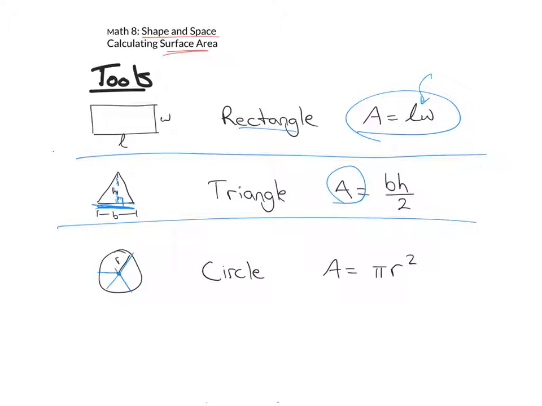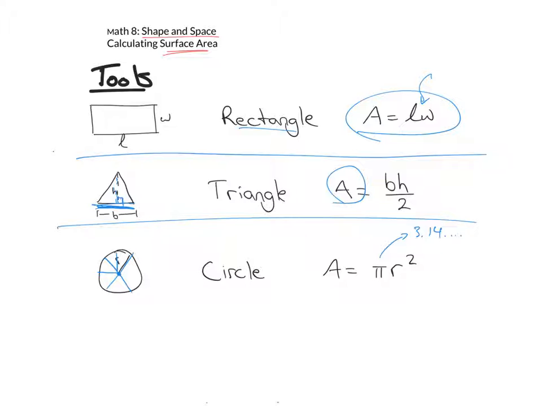Then area equals pi, which is 3.14 and continues on as a huge decimal that goes on forever, times r squared. r is your radius, and you just square it.